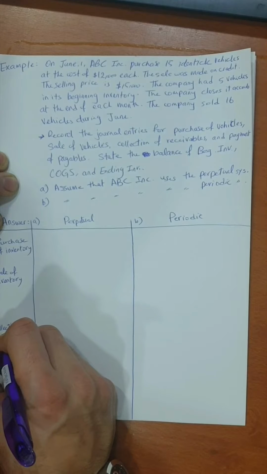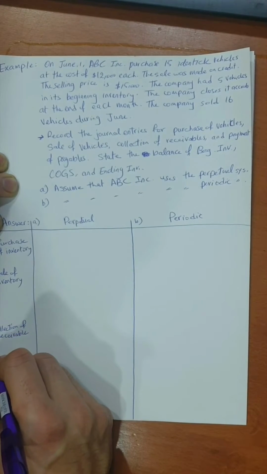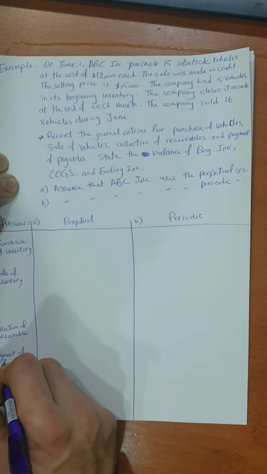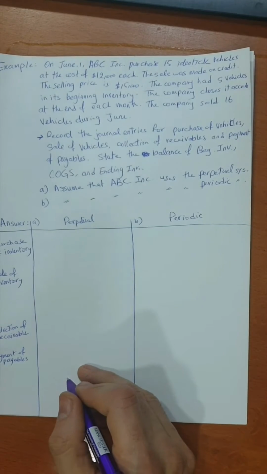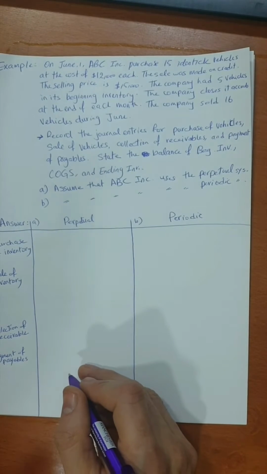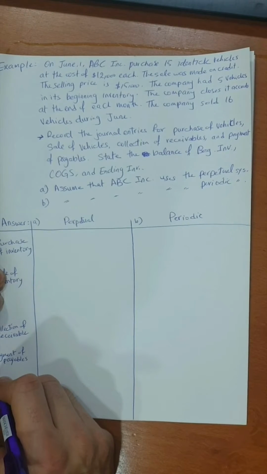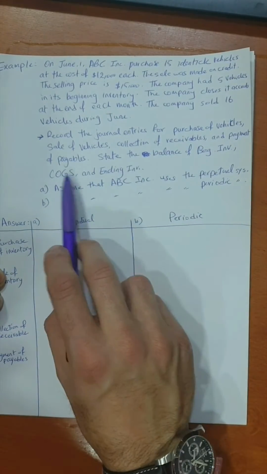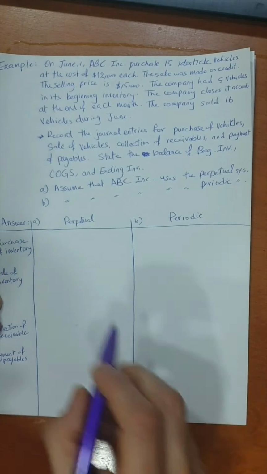Then payment of payables. And finally computation. Actually, you know what? I'll do the computation, these three things, beginning inventory, cost of goods sold, and ending inventory. I'll do them on the next page.